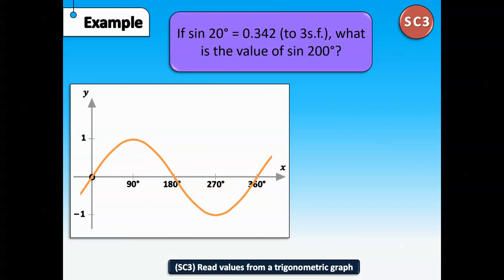If we look at sine 20 degrees, and we know that's 0.342, what is the value of sine 200 degrees? Well, there's 200 and there's 20. If we have a look at where those are on the graph, you can see that sine 200 degrees will be the same as sine 20, but negative.